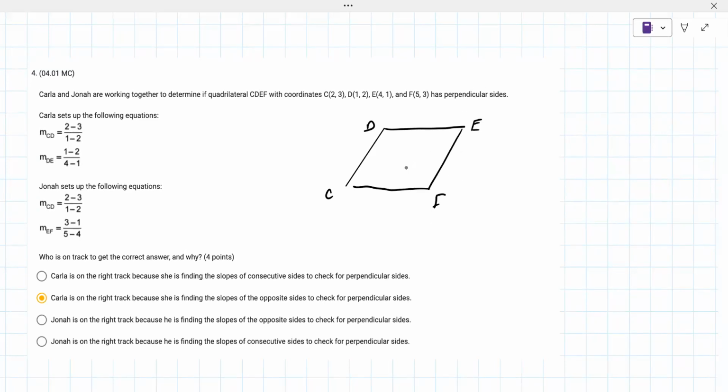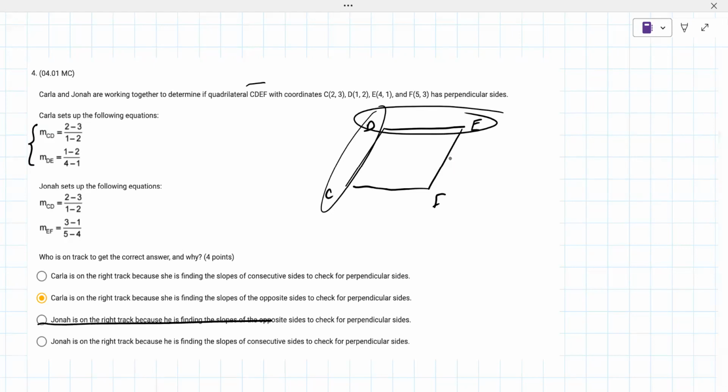So C to D has to be perpendicular to D to E, because of the way the letters are ordered. It always follows a path. Which means that Carla, who's doing C to D, D to E, is on the right track. Jonah, who's doing C, D, and E, F, well, that's not going to be helpful. So it's definitely Carla.